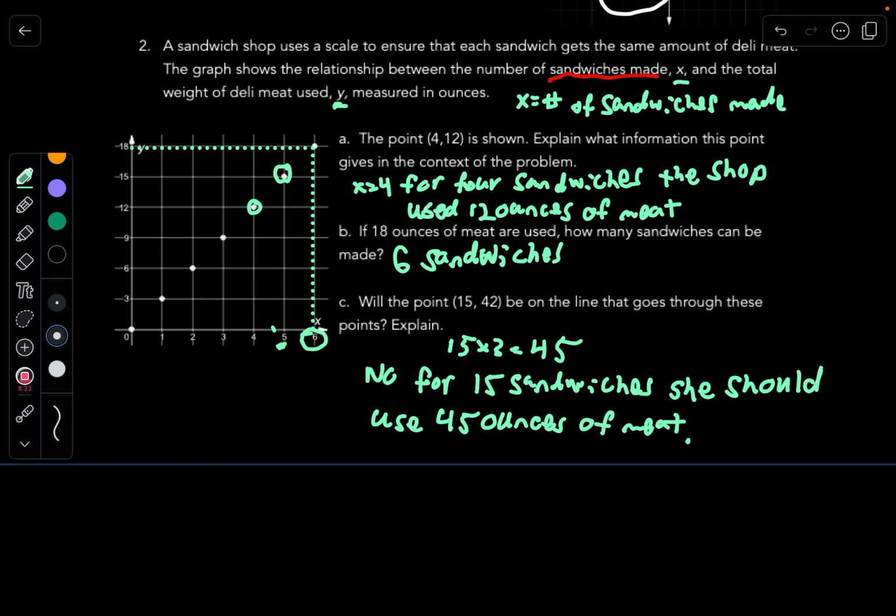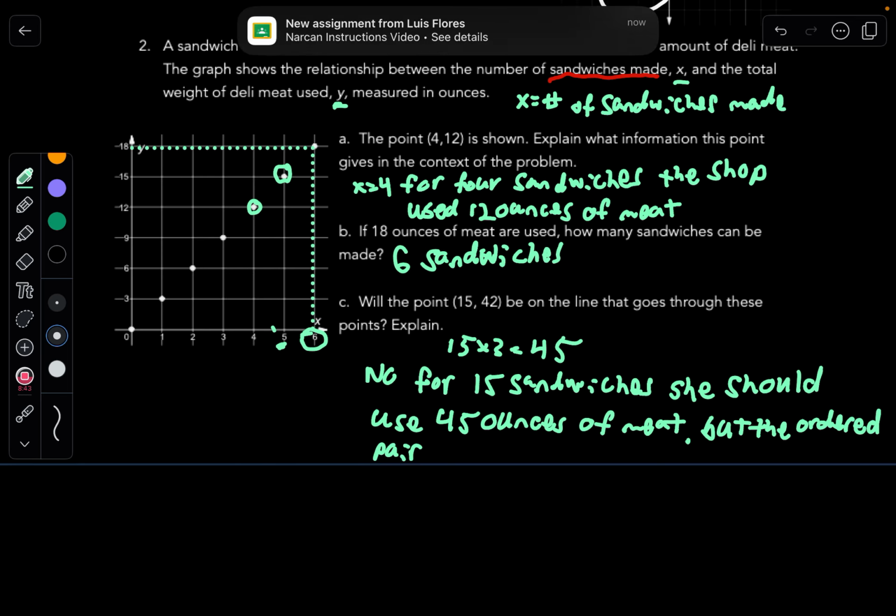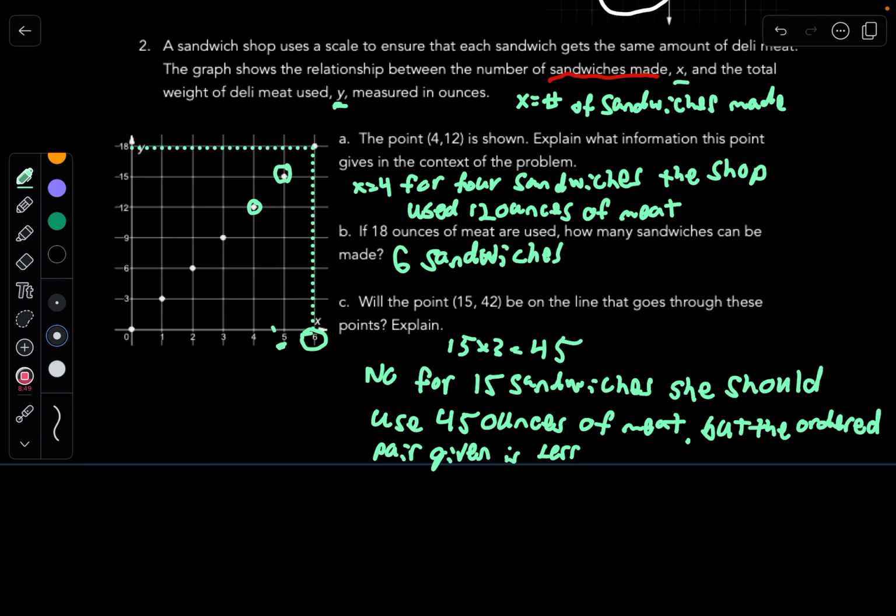But the ordered pair given is less than 45.